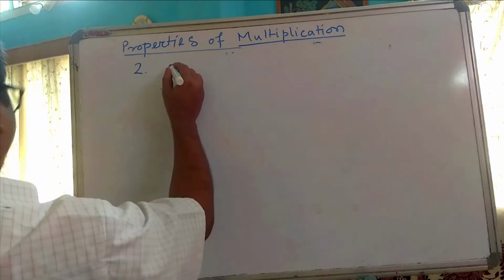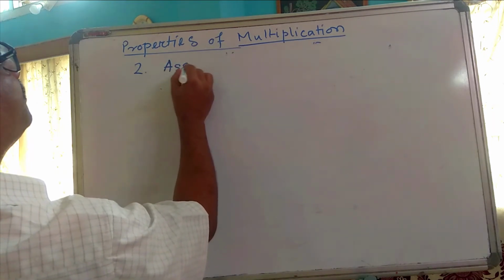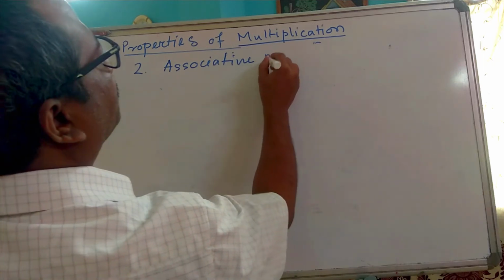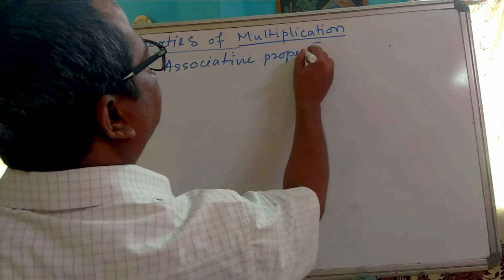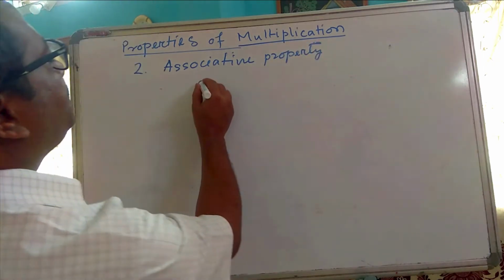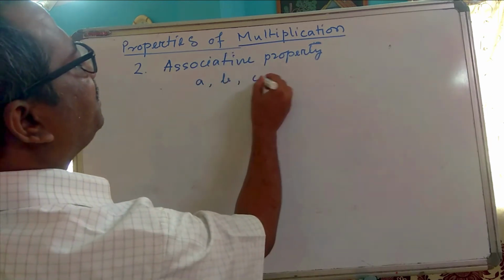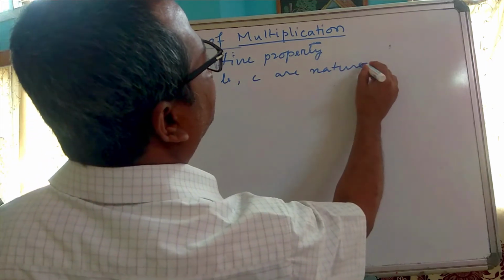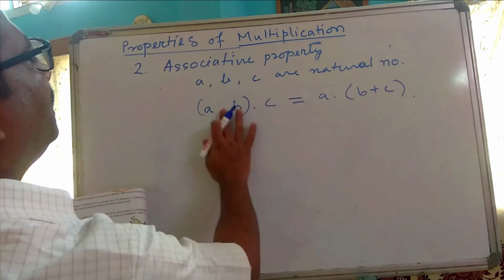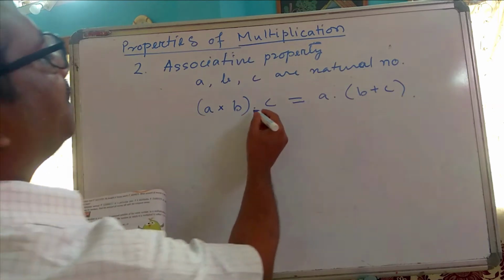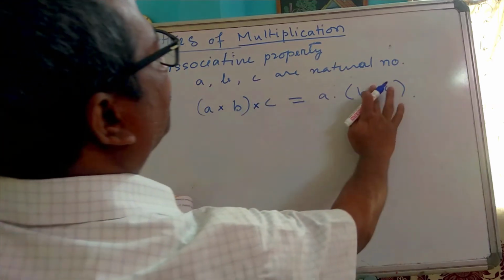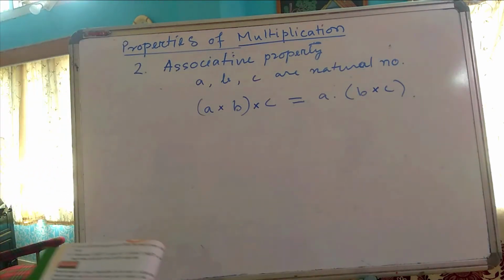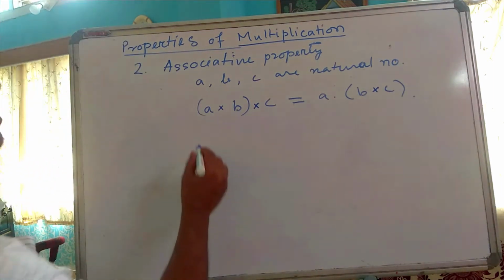Number 2, associative property. Suppose A, B, C are natural numbers. A into B into C is equal to A into B into C. We can make different groups, but the product will remain the same.